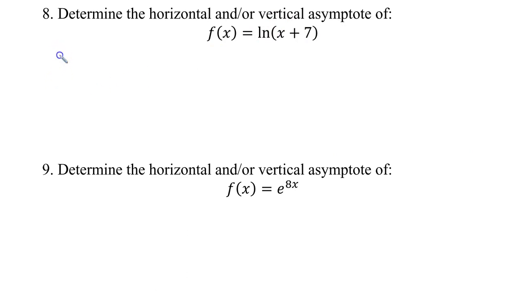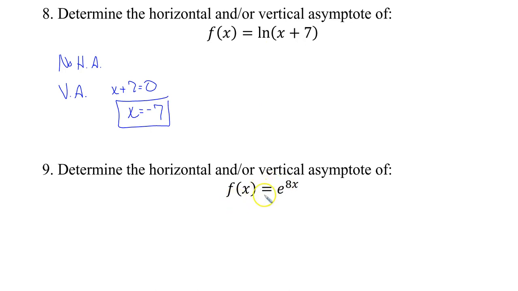That means no horizontal asymptote. Okay, we have x plus a number here, so our x comes first, and so that means that our vertical asymptote, we're going to take x plus 7, set it equal to 0, so we're going to have x is equal to negative 7 is our vertical asymptote for this natural log function.